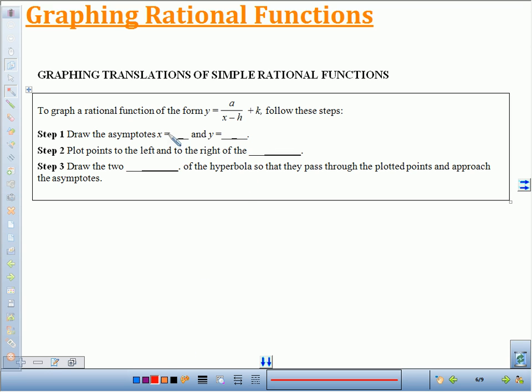The vertical asymptote is x equals h, right? Again, we group these guys together. And the horizontal asymptote is y equals k. That shouldn't be too surprising. That looks pretty similar to things that we've done before.